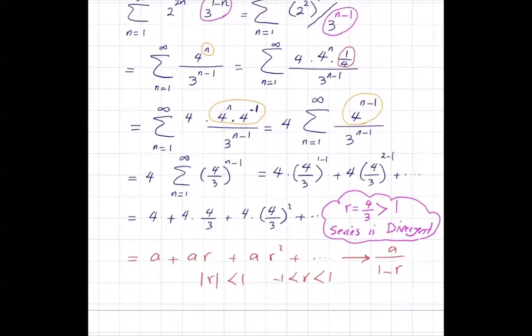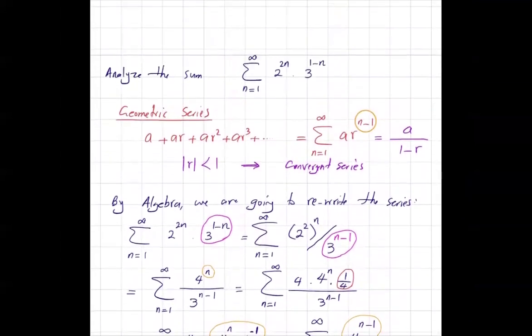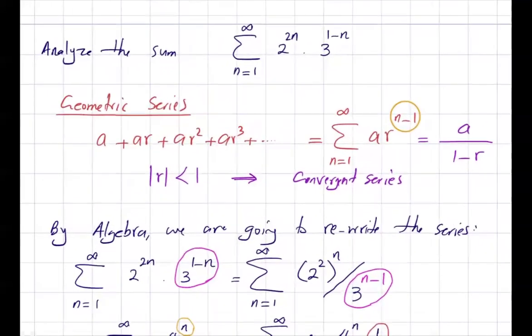So the sum that we represented at the beginning, the summation of 2 to the 2n times 3 to the power 1 minus n, even though it's a geometric series, is a divergent geometric series. It means that if you add these terms together, it's not getting any smaller, it's getting larger and larger in size.